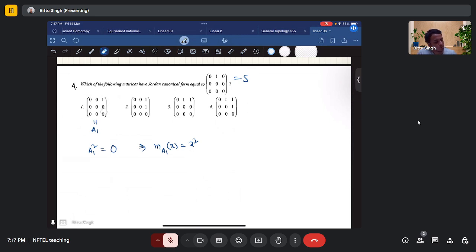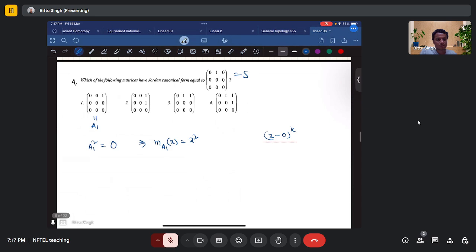And we also see zeros are the only eigenvalues. So the minimal polynomial must be x minus 0 to the power k, and the lowest degree for which this annihilates A1 is actually x square, because x cannot annihilate. So this k must be 2.